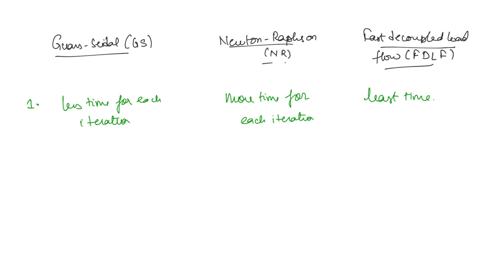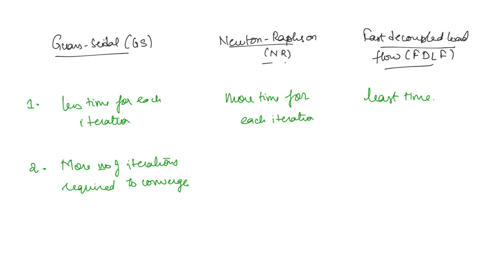Okay. Next, we need more number of iterations to converge. Okay, more number of iterations required to converge. Converge is nothing but to finally find the solution, right?